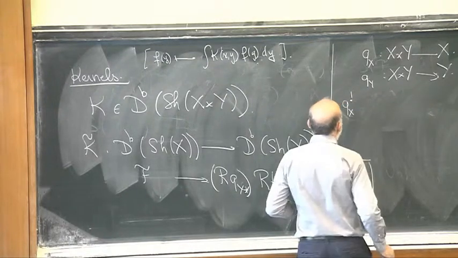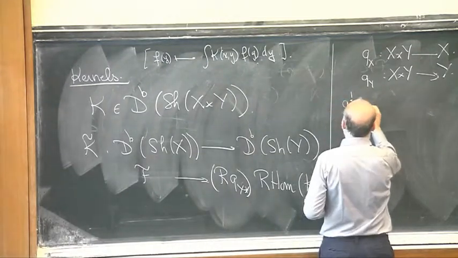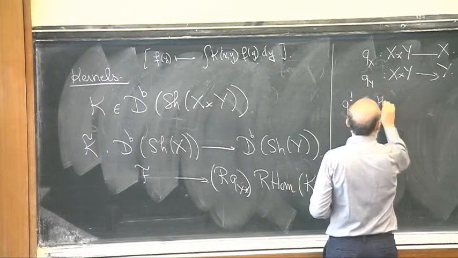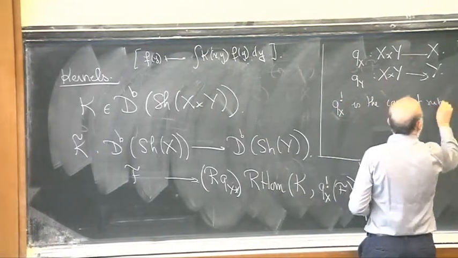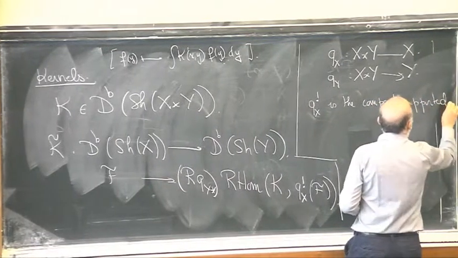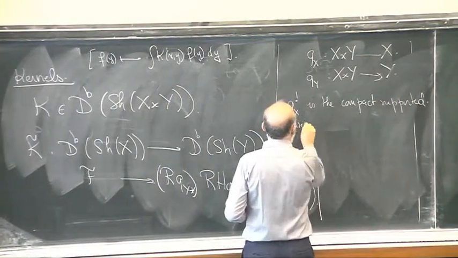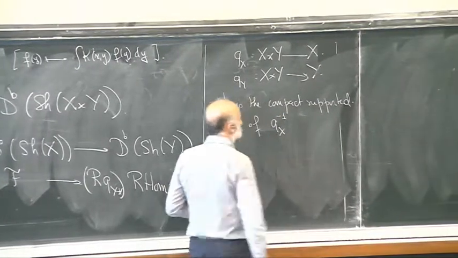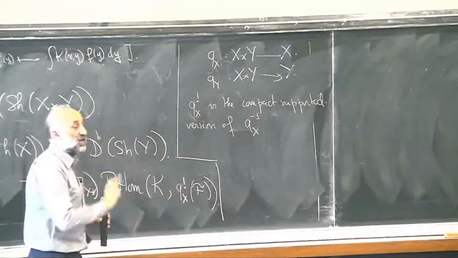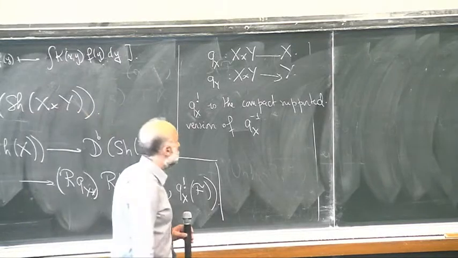But so Qx shriek, sorry, is the compact supported version of Qx minus 1. But I have not told you what Qx minus 1 is.